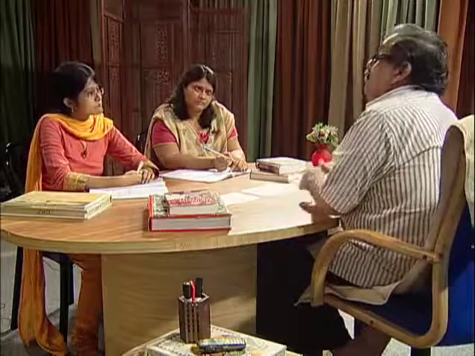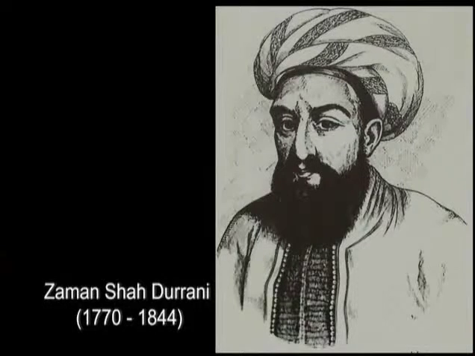As you come to the question of how Ranjit Singh emerged as a powerful Sikh leader, you have to consider this old point of containment of an enemy. In this particular case, we have Zaman Shah from Kabul.